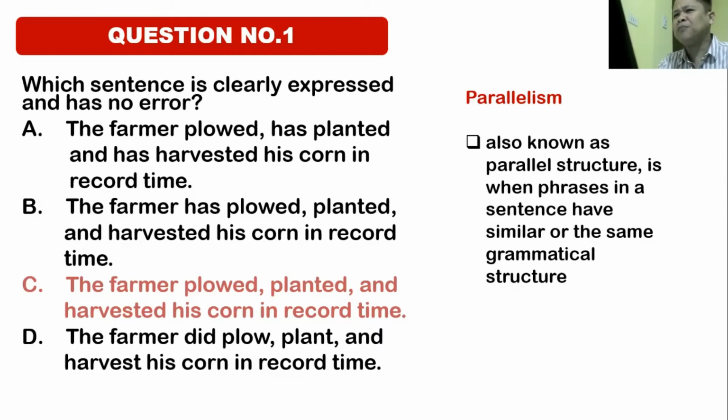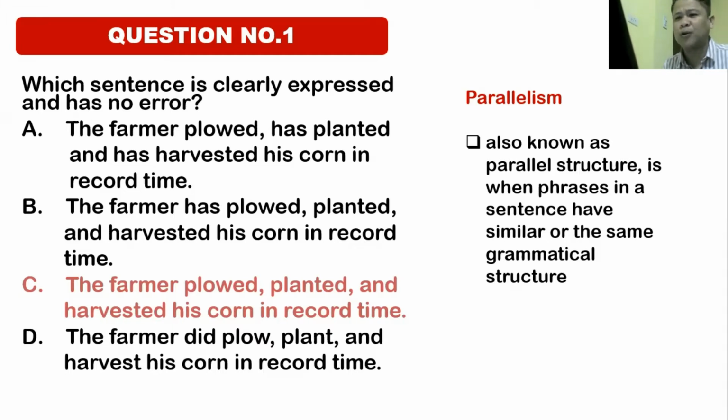Letter A, plowed, past tense, has planted, present perfect, and has harvested, also present perfect. So the structures are not parallel. Letter B, the farmer has plowed, present perfect, planted, past tense, and harvested, past tense. So the structures are not parallel either.